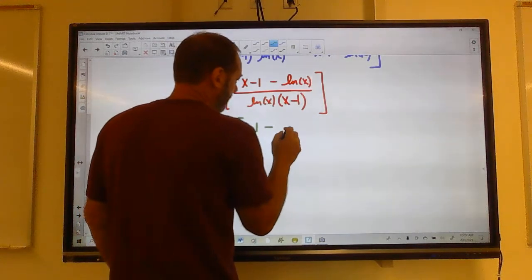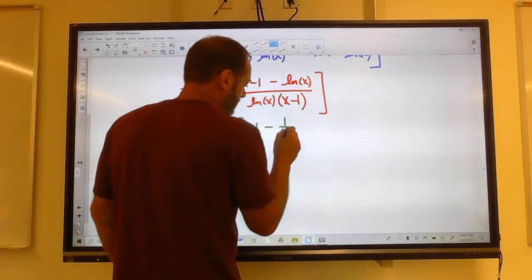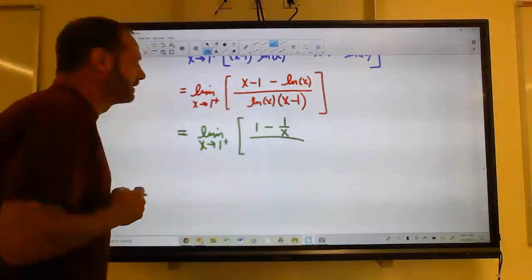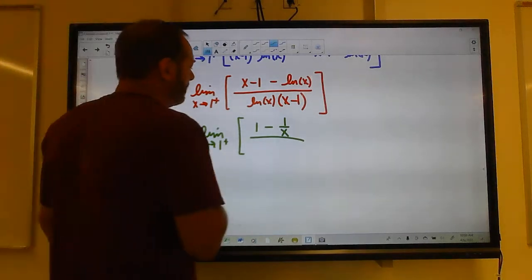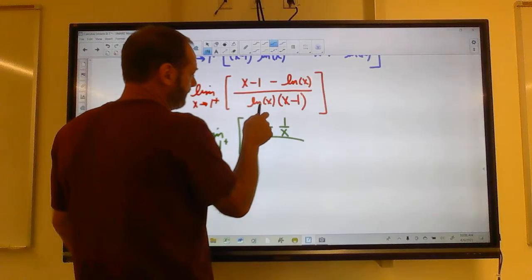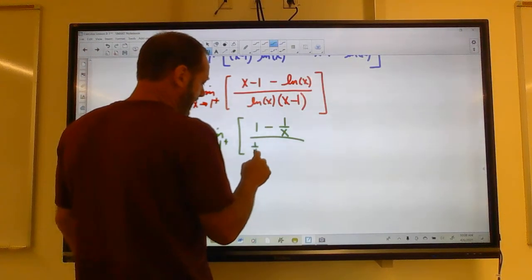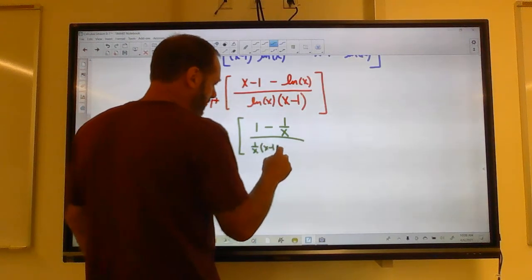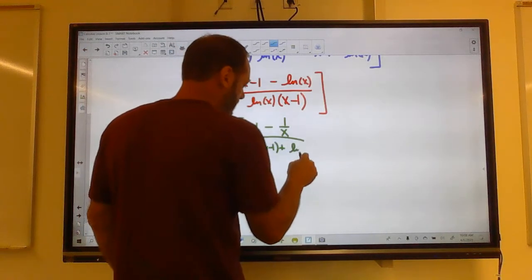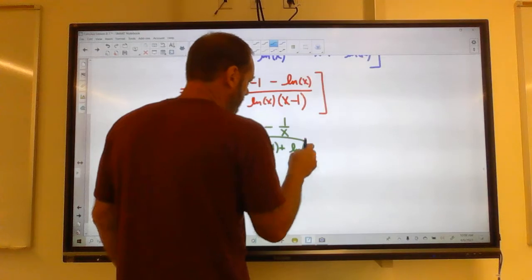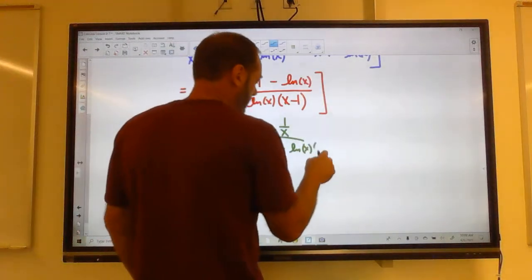Derivative of natural log of x is 1 over x. Okay, and then this is going to be the product rule on the bottom. So it's going to be the derivative of natural log of x, which is 1 over x, times x minus 1, plus natural log of x times the derivative of x minus 1, which is just 1.